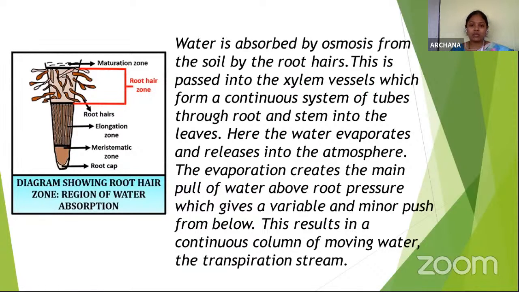Here, the water evaporates and is released into the atmosphere. The evaporation creates the main pull of water above root pressure, which gives a variable and minor push from below. This results in a continuous column of moving water, the transpiration stream.